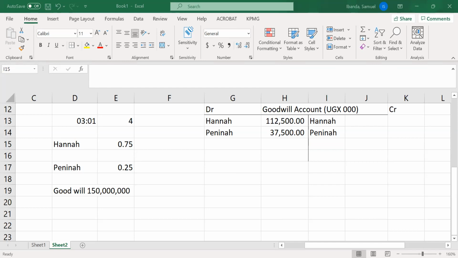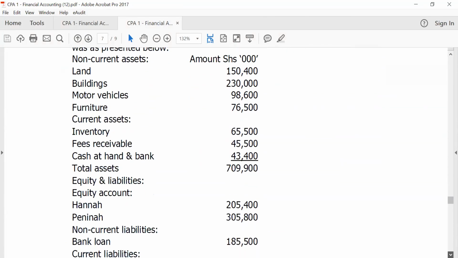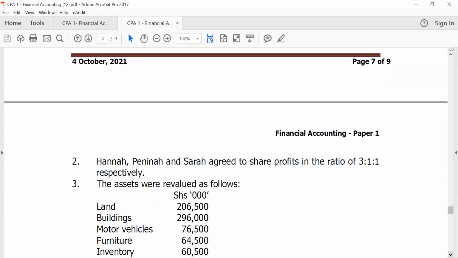The other new partner is Sarah, so I'll just add Sarah's name here. Remember, their ratio has changed. They have told us it's 3 to 1 to 1. So that is the new sharing ratio.